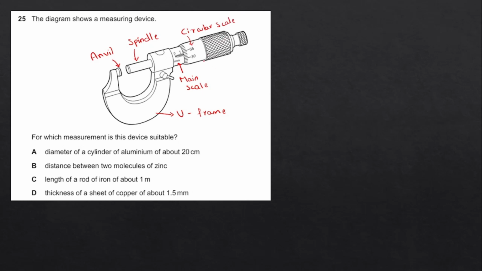Then the entire body of the micrometer screw gauge is called the thimble, and the last part here, the rotating part, is called a ratchet speeder.